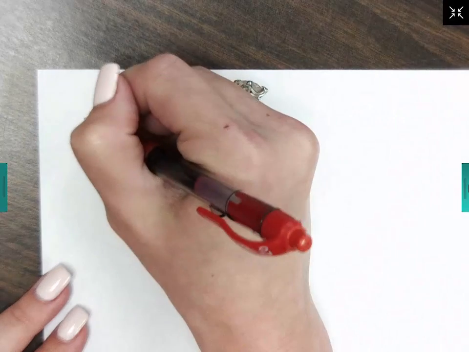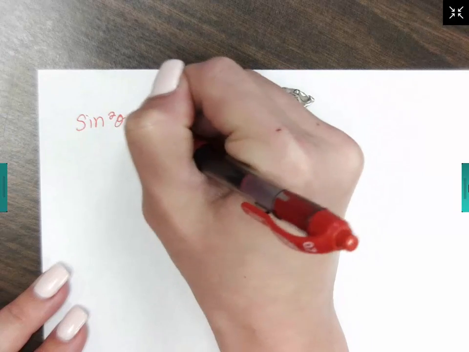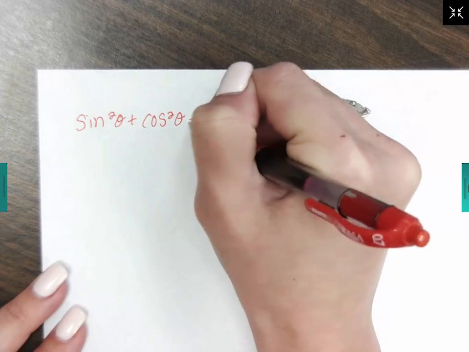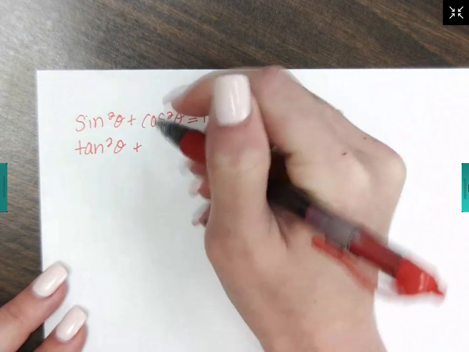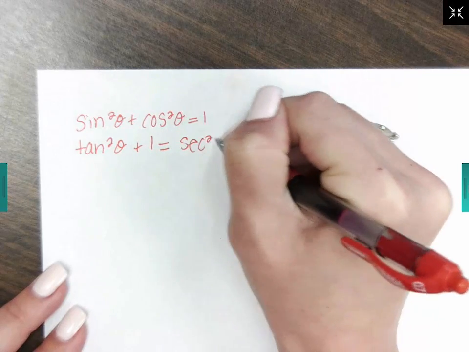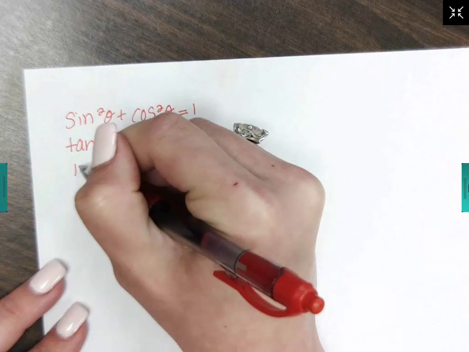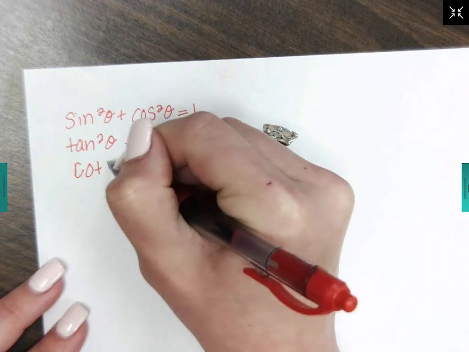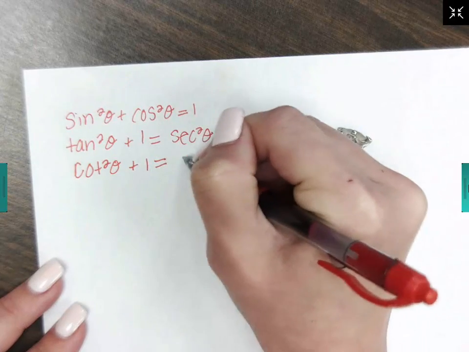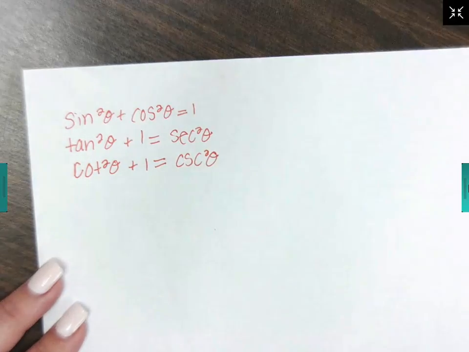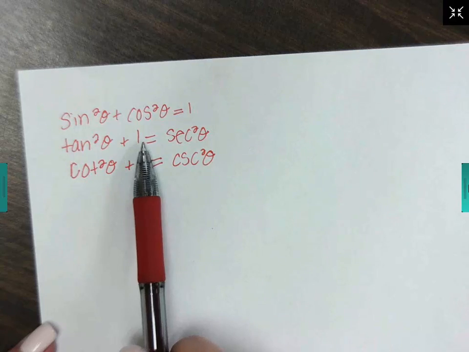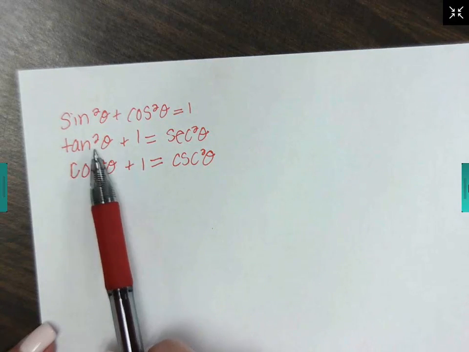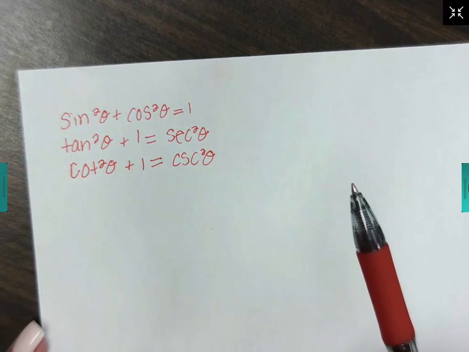All right, let's start with the identities. Okay, and you know it doesn't matter whether the tan squared or the 1 goes first, right? Because tan squared of theta plus 1 is the same as 1 plus tan squared of theta, right? Okay.